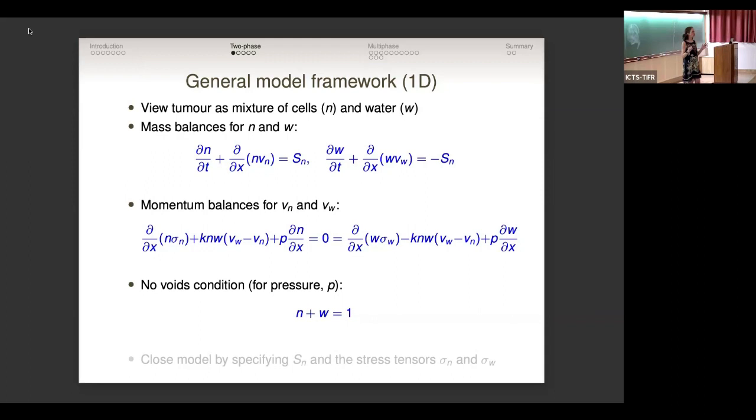The mixture can change, the balance can change, but there's no holes, everything is one or the other, right? So in order to close this model, then it remains to specify the net proliferation term and my stress tensors, sigma N and sigma W, right? Is that okay?